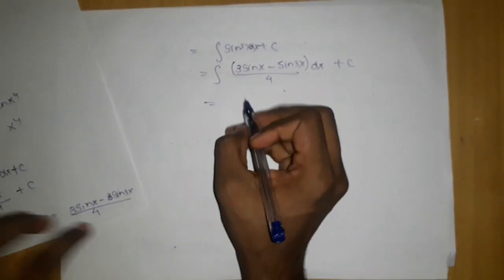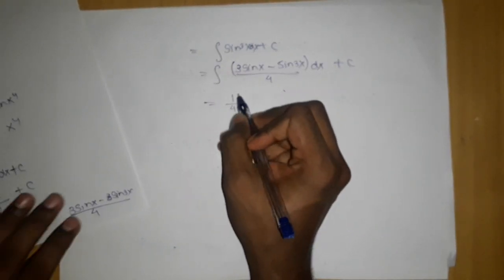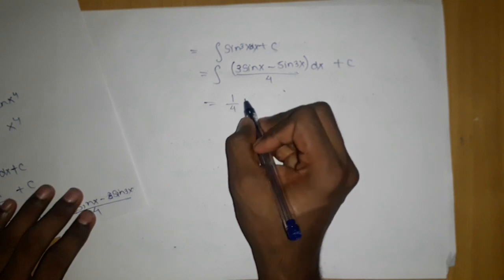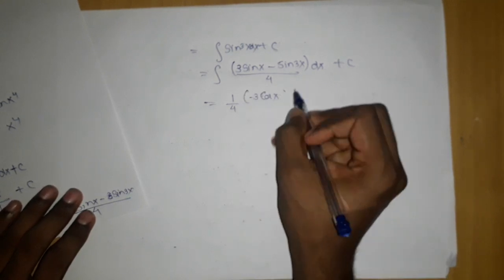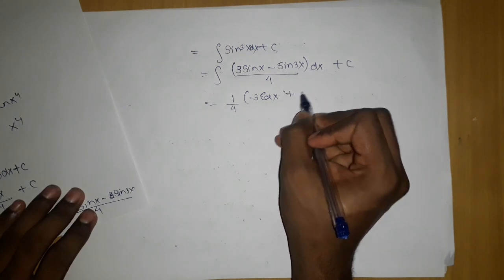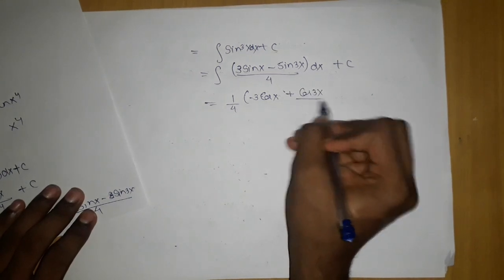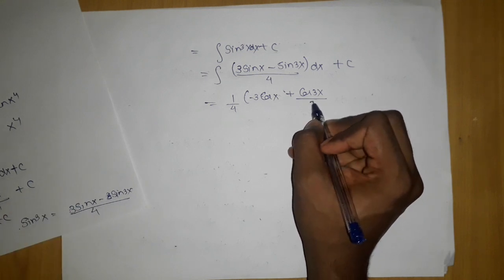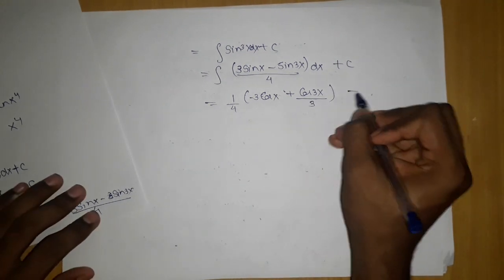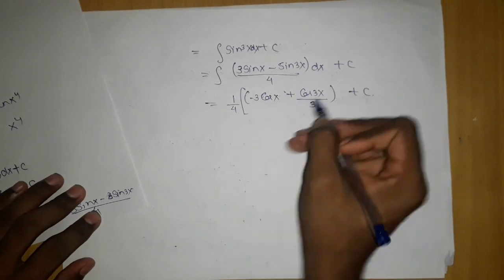Now just move the 4 outside and start doing the integration. Here the integration of 3 sin x is minus 3 cos x, and the integration of sin 3x will give plus cos 3x, and in the denominator, since it is sin 3x, its differentiation will become 3, so we are left with this thing plus c, and here 1 by 4 is multiplied throughout.